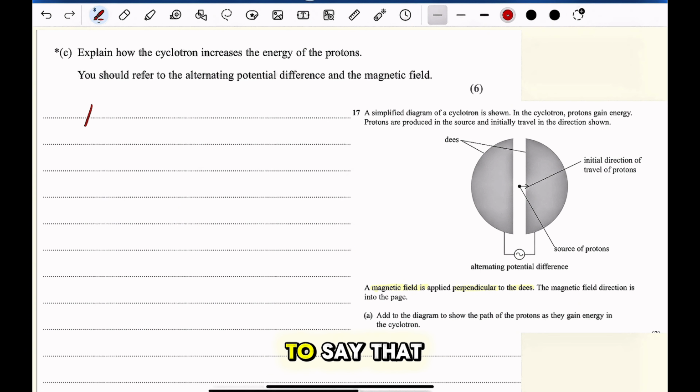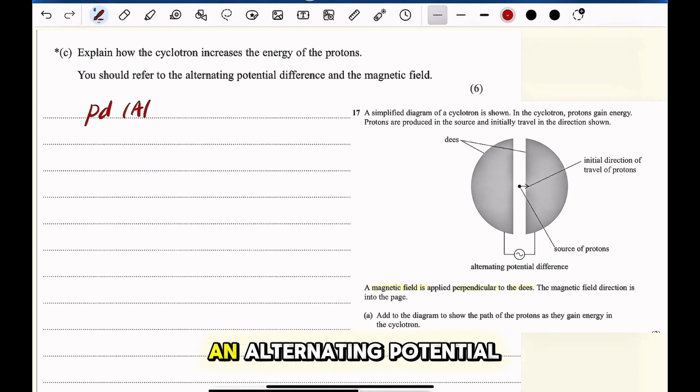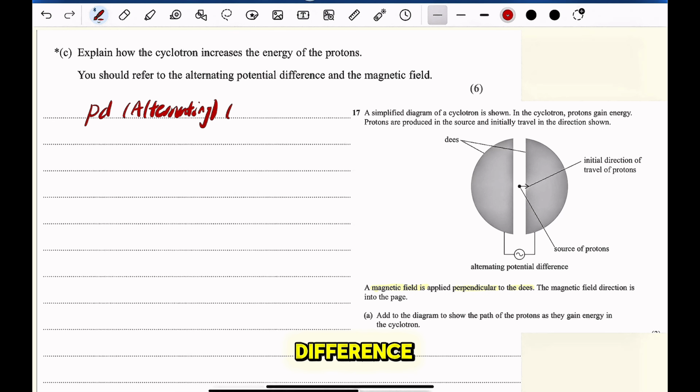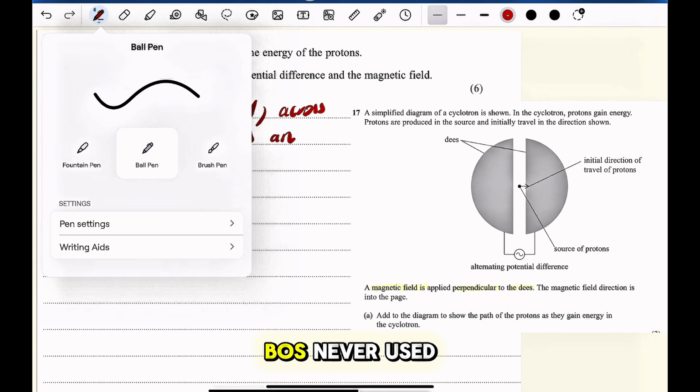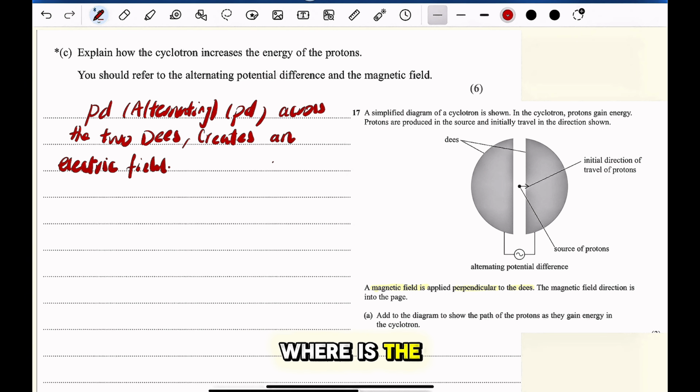Firstly, we need to say that there is an alternating potential difference across the two Ds, and this potential difference will create an electric field. Where is the electric field? Let me say this is the positive terminal and the other one is the negative terminal.